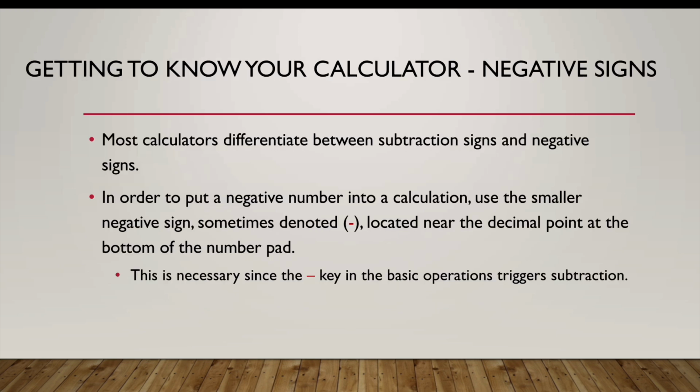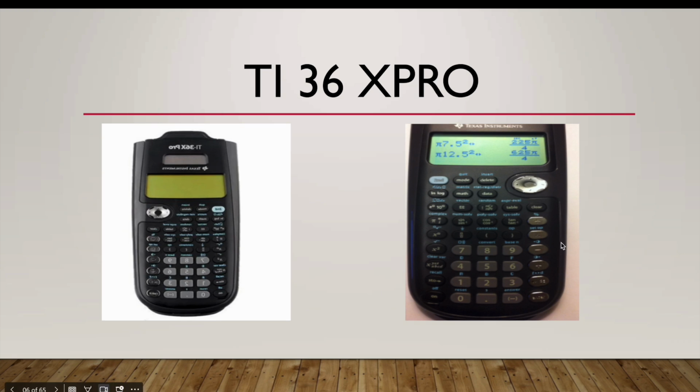Please note that most calculators differentiate between the subtraction sign and the negative sign. You'll see on one side of your calculator, here is where your operations buttons are typically located, along the right side going down.